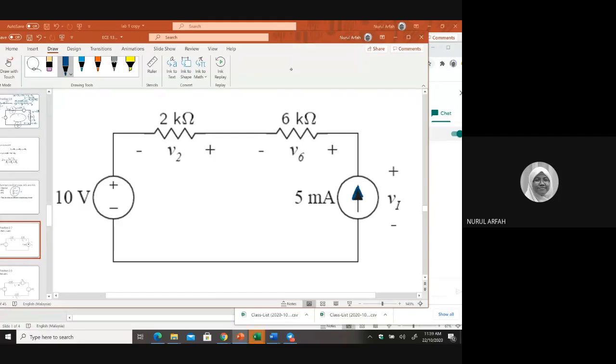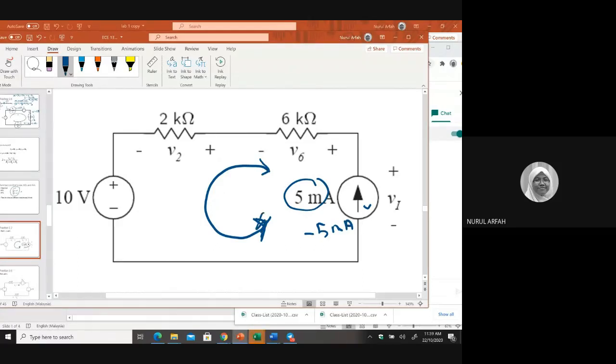The current source here flows from here to here, so maybe it's better you use this side, because you don't need to change the direction of this current. Otherwise you're going to apply the equation with a negative 5 milliampere if you put this direction.